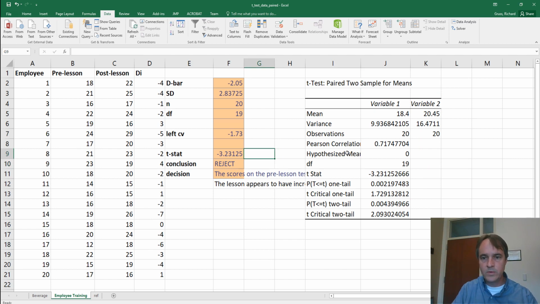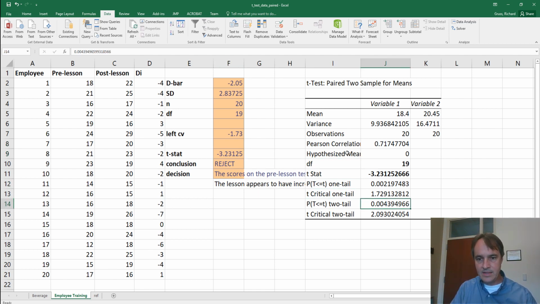We look here, and we didn't actually calculate the mean for the different variables because we were more interested in the line by line difference. We see again that they needed the degrees of freedom, set equal to 19 as we did. Their t statistic here was negative 3.23, which we calculated over here using that formula on the slide.